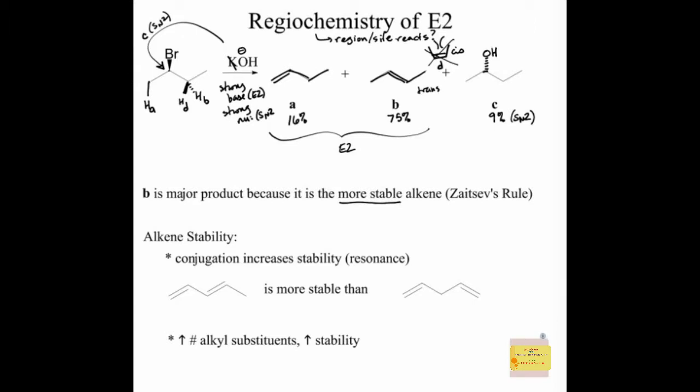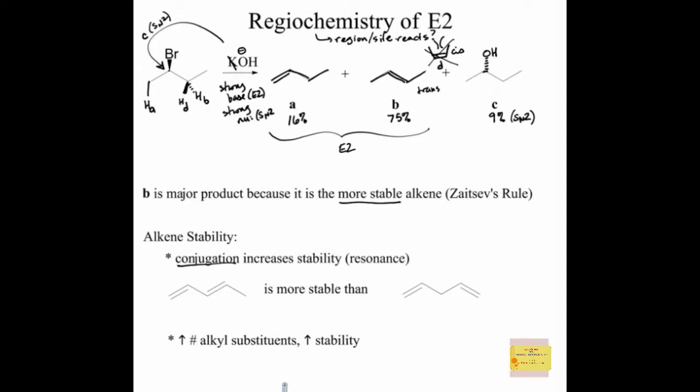Okay, but other than cis and trans, what are some other things we should know about alkene stability? If we want to predict which is the major product, we have to understand which alkene is more stable. So let's take a look at some factors that will affect alkene stability. One thing is that if it's ever possible to be conjugated, that's going to be a more stable alkene, more stable diene.